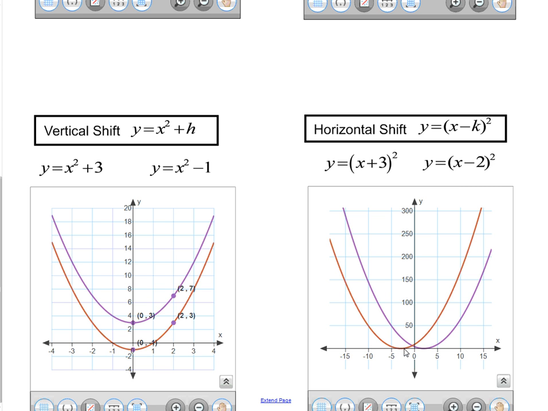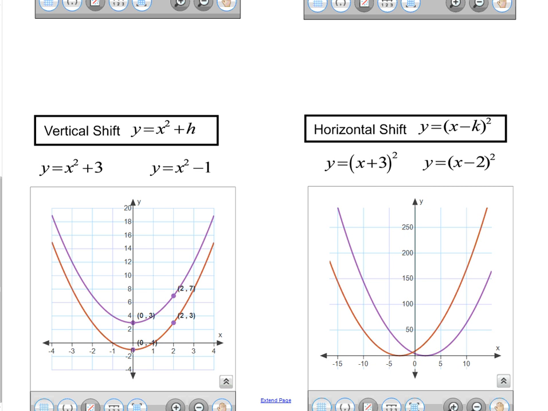Our graph will have its vertex here at, I'm going to zoom in on this so maybe I can get a better fix on the location of that vertex.